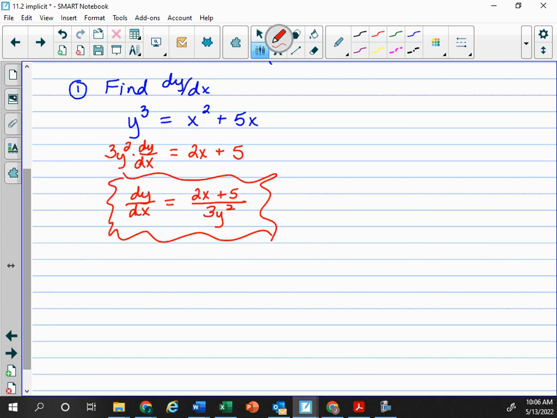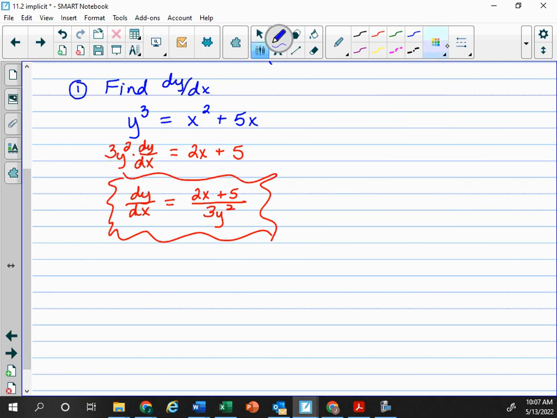It's really the big difference with implicit. Questions on the first one? The hard part is that it's really easy to miss a dy dx. When we get into equations that have lots of y's in them, you have to remember to do it every single time. But otherwise, your power, product, quotient, all of those rules are exactly the same.